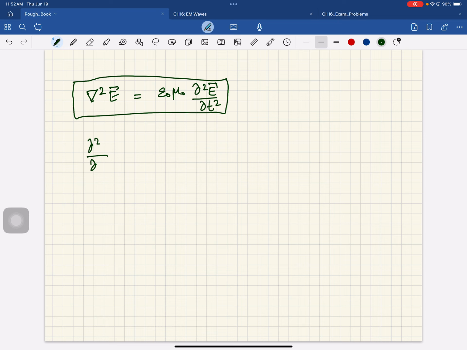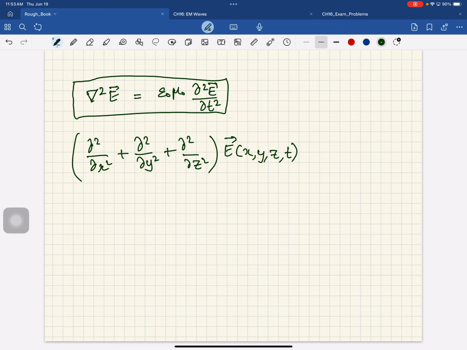Del square by del x square plus del square by del y square plus del square by del z square of E of x, y, z, t equals epsilon naught mu naught del square E by del t square.